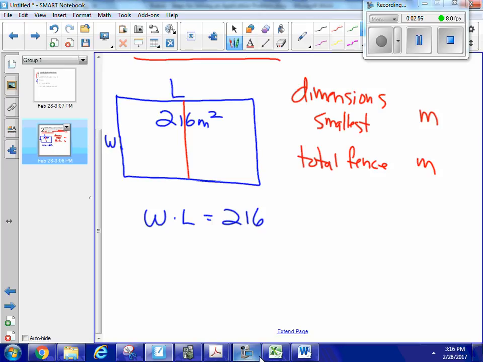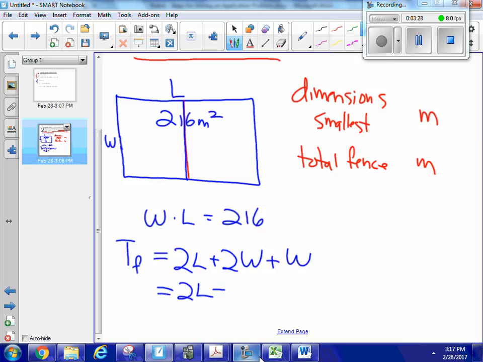And I also know that total fence, let's call it TF, is the perimeter of the whole thing, which would be 2L plus 2W plus one additional W, my middle divider right there. So total fence is going to be equal to 2L plus 3W.